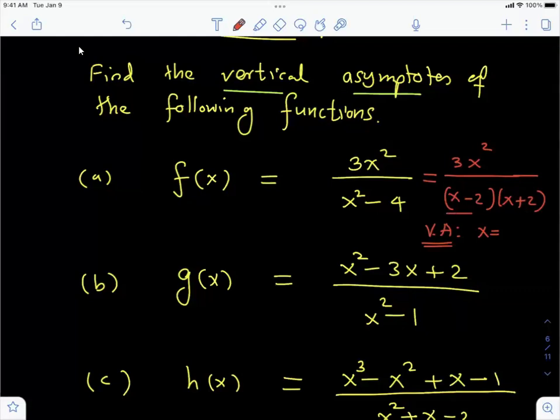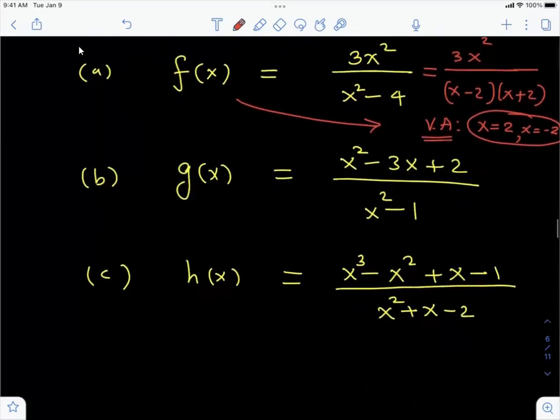So when you set this one to 0, you're going to get x equals 2. That is one possibility. And then the other possibility would be when you set the other factor to 0, x equals negative 2.